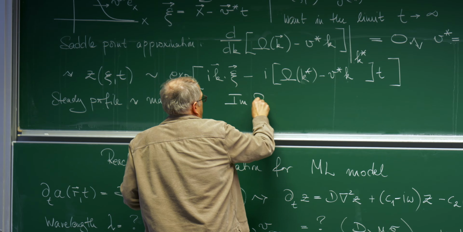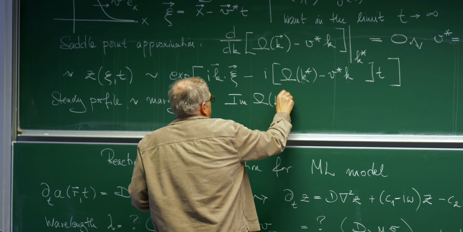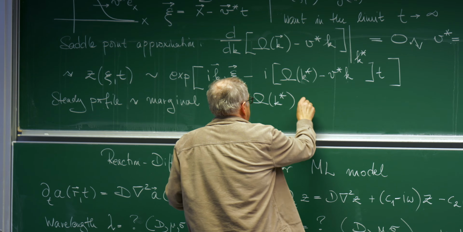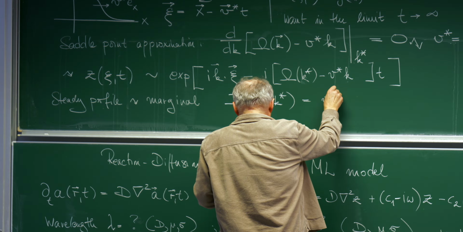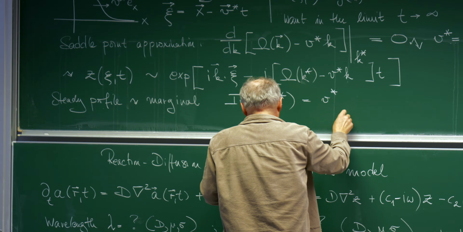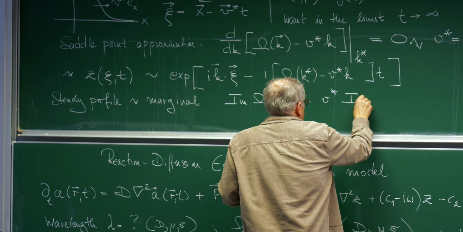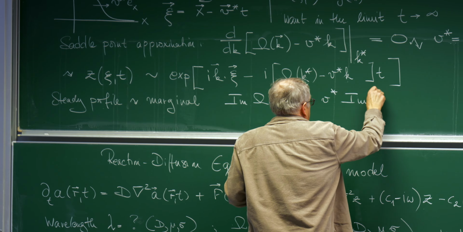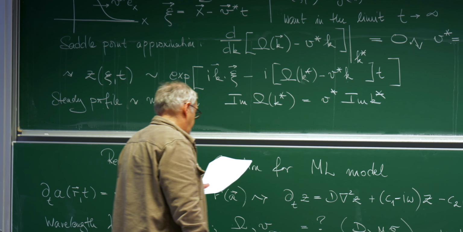So the imaginary part of omega at the saddle point needs to be v star times the imaginary part of k star.